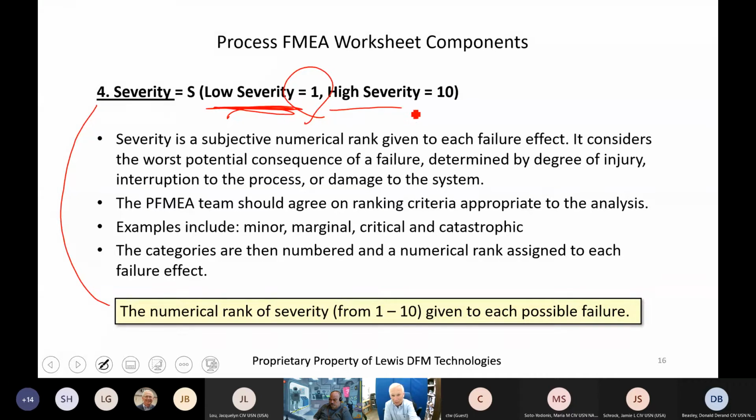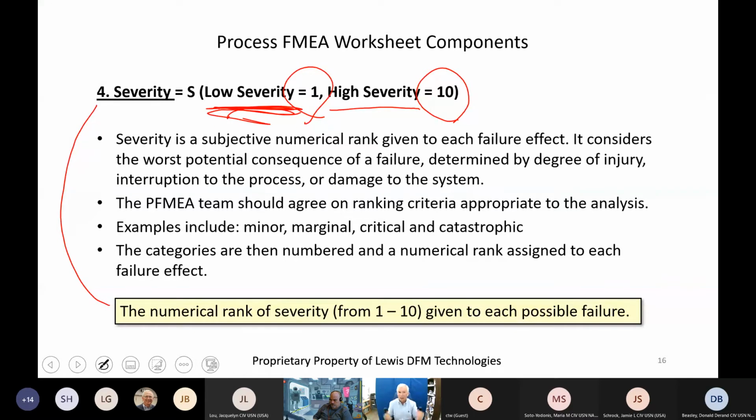If it's a high severity, if it's a critical safety item, if it's something that is very important, it's been identified as a key characteristic, the severity may be and will probably be fairly high. Because if it's a real important aspect or characteristic, that means if it fails, it's going to have more repercussions than something that's a low severity.